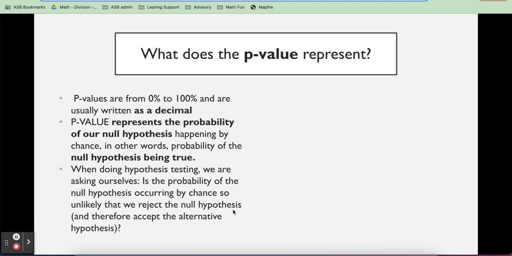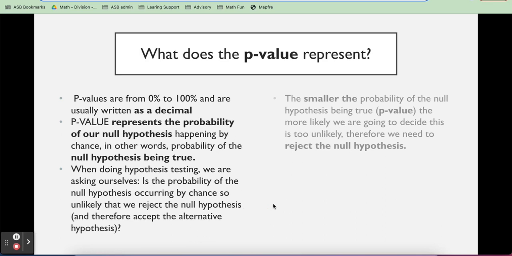If we reject our null hypothesis, by default, we're going to be accepting what's called the alternative hypothesis. So the smaller this p-value, the smaller the probability of the hypothesis being true, the more likely we are going to decide, well, this is too unlikely, therefore I'm rejecting this null hypothesis. I don't think that it makes reasonable sense to accept it. So we're just going to reject that.